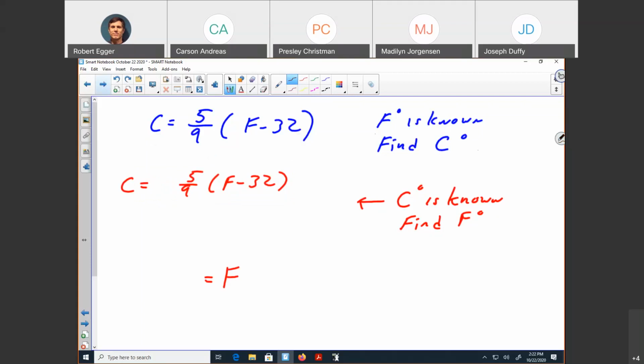So why don't we just multiply both sides by 9/5. Cancel, cancel, cancel, cancel. So that tells me 9/5 C equals F minus 32.